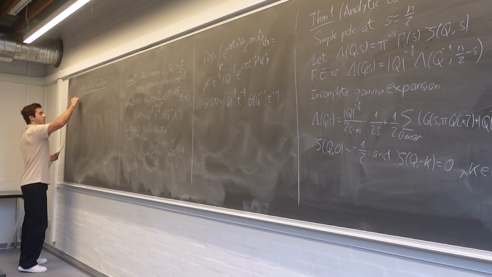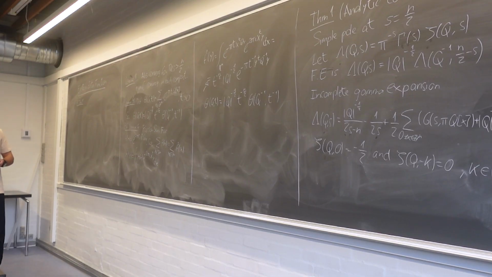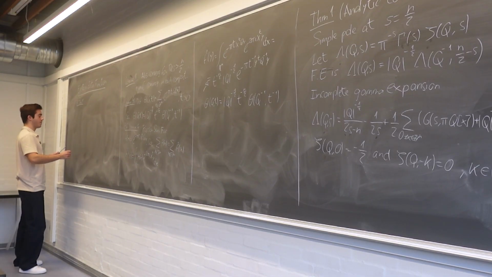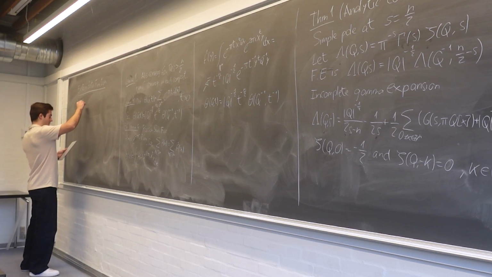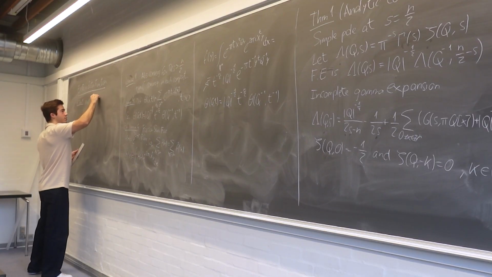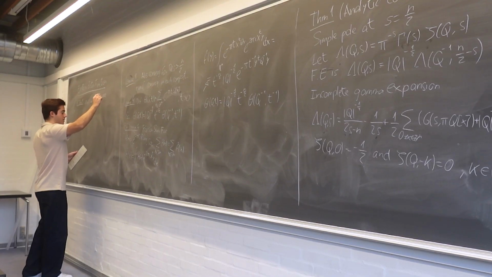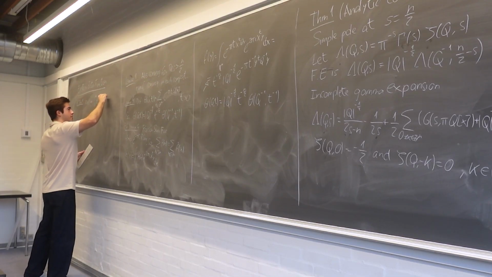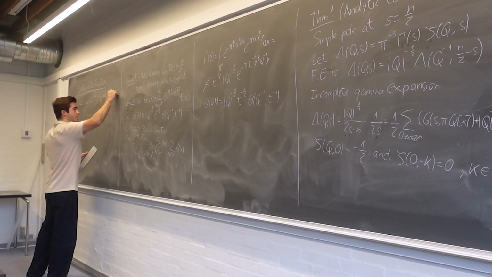So I'm going to begin the proof of theorem 1. I will only have time, unfortunately, for the functional equation, which is actually the important thing. So we will use this fact that for s bigger than 0, the integral from 0 to infinity of t to the s minus 1 e to the minus pi t is just this.